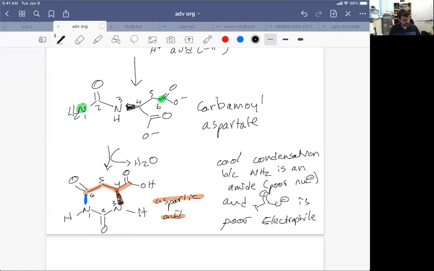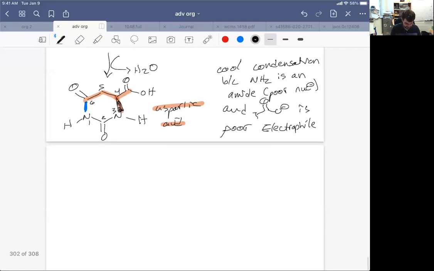Okay, so how this is accomplished is pretty cool. We use a di-zinc enzyme. So we're going to consider a partial mechanism for the condensation. How this works is I'm going to have kind of a stop sign-like geometry. I think the book does a nice job at showing this.